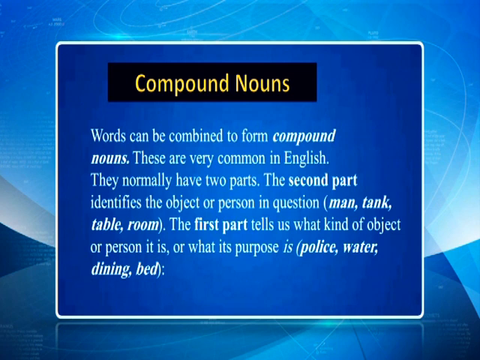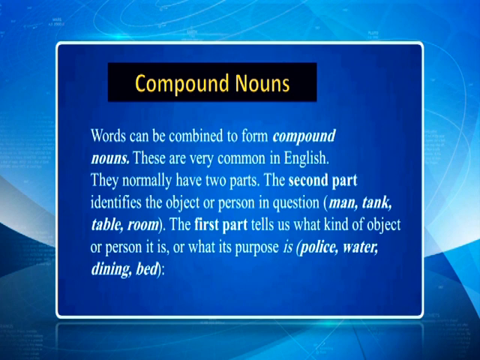The second part identifies the object. The second part of the compound noun talks about the object, like man, tank, table, room. The first part tells us what kind of object or person it is, or what is its purpose. For example, police, water, dining, and bed.